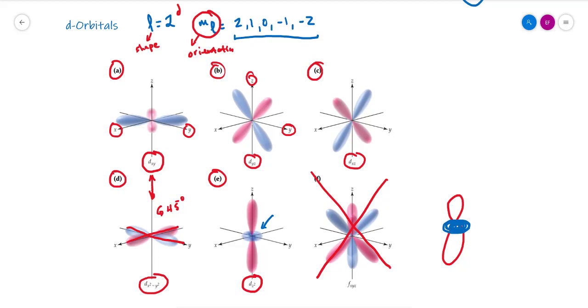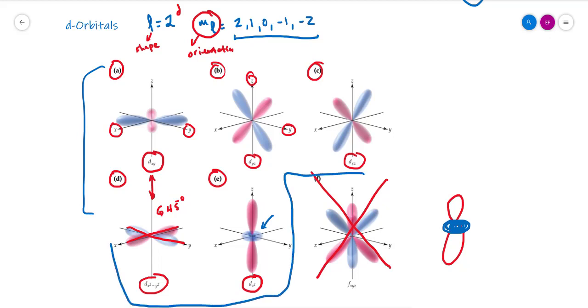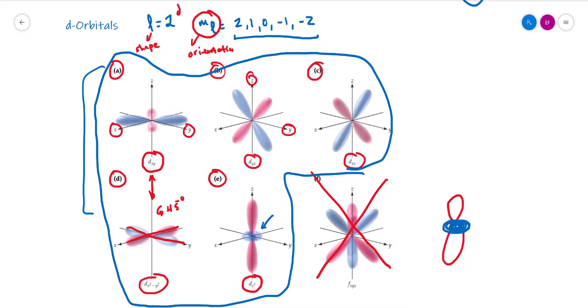Okay, so the general takeaway here is, you've got this new shape, l equals 2. These are d. The magnetic quantum number can take on 5 different orientations. That gives rise to literally the 5 different d orbitals. So the fact that we have 3 p orbitals comes from the fact that we have 3 magnetic quantum numbers.